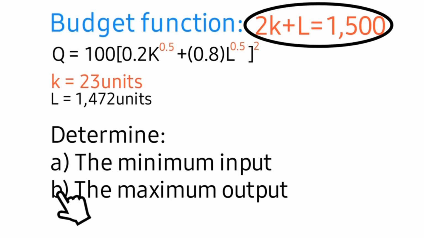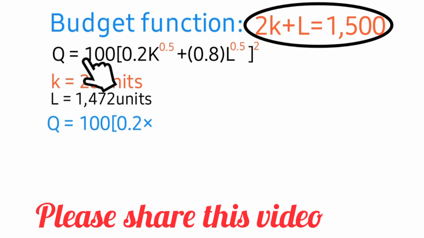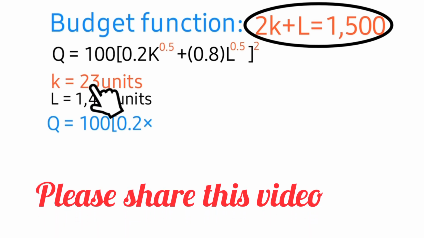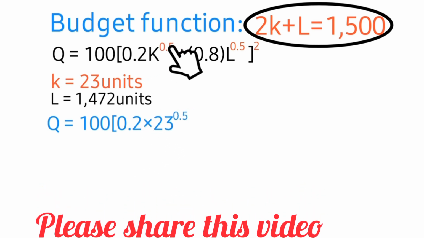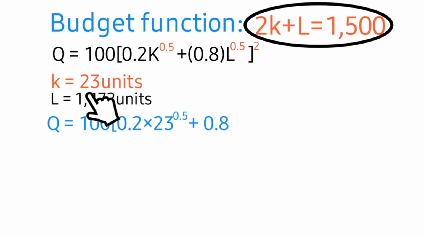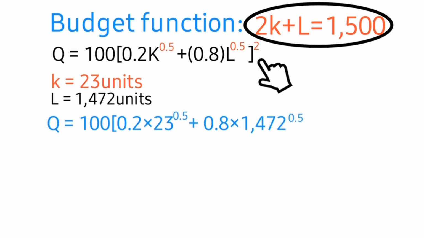Now let's proceed to part B of the question: determine the maximum output. Q equals 100 times square bracket, 0.2 times K, the K value we got, 23, raised to the power of 0.5, plus 0.8 times L, our L value, 1,472, raised to the power of 0.5, close square bracket, then raised to the power of 2.